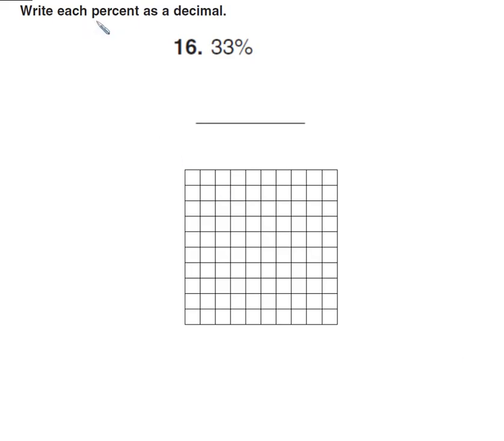Now they want us to write each percent as a decimal, 33 hundredths. So just by saying it, I know I have 3 tenths and 3 hundredths, 33 hundredths. But a little trick is to move the decimal 2 to the left. And the decimal, if it's not shown right here, would be past the smallest denomination of percent so far. 1, 2. 33%.